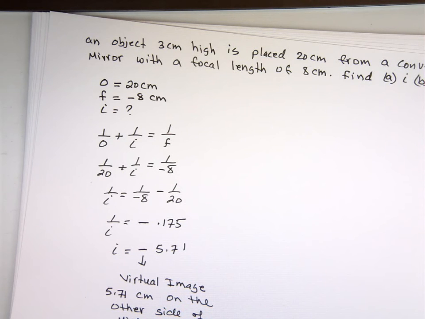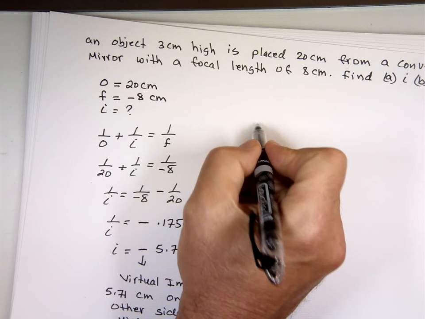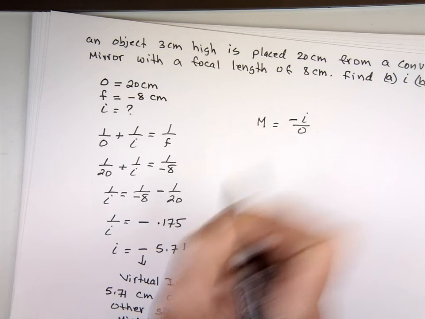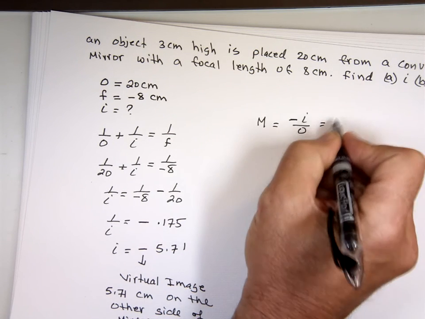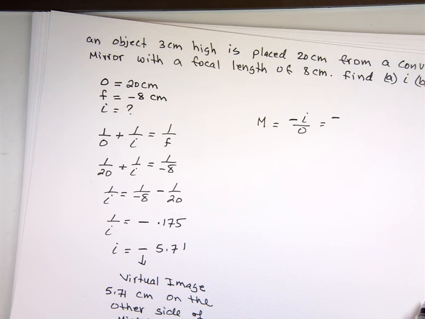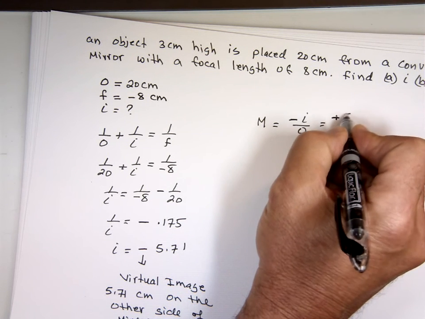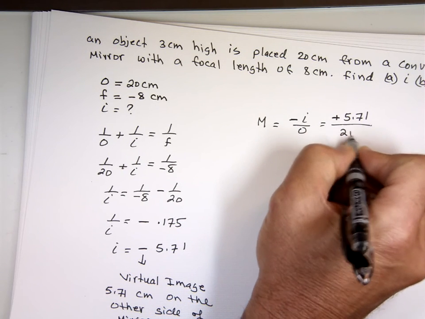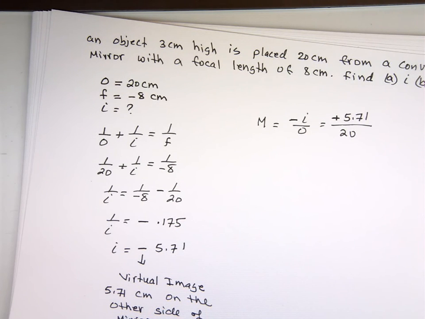The magnification is negative I over O. What's I? I is negative, so that becomes a plus 5.71 over 20. 5.71 divided by 20 is 0.29 roughly.